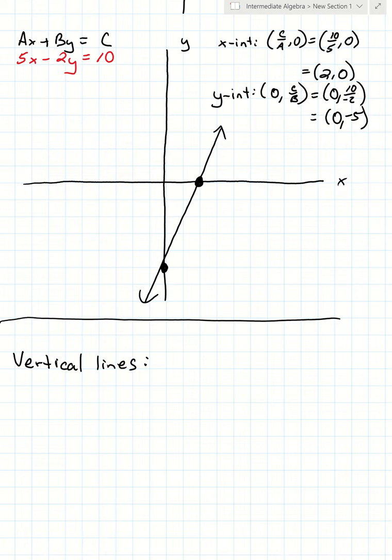It's not going to be standard form. Your vertical line will take the form of x equals a, where a equals a number. For example, we might have x equals 3, or I could have x equals a negative 5.